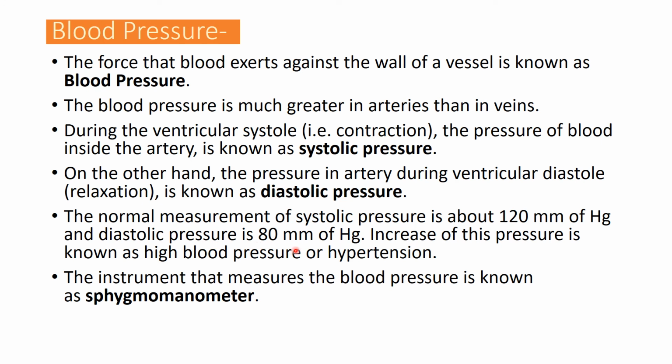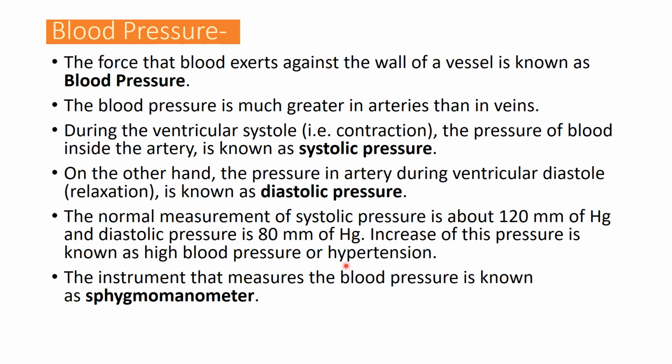And an increase of this pressure is known as high blood pressure or hypertension, which you have heard so many times, that any person is suffering from high blood pressure, that is high BP generally we say, or hypertension.